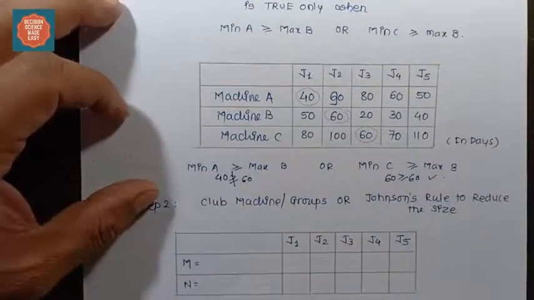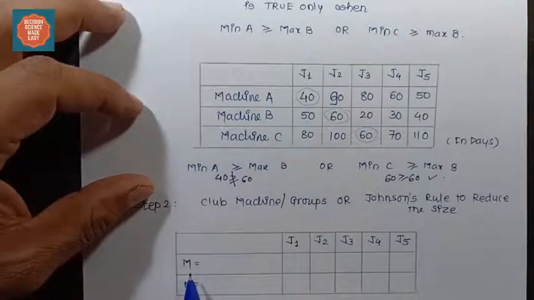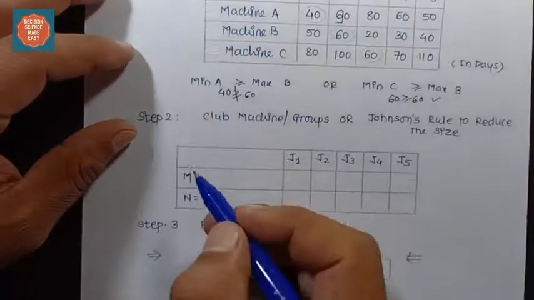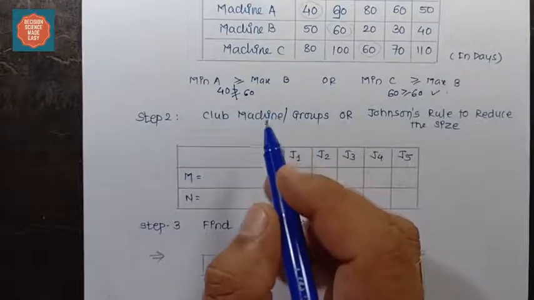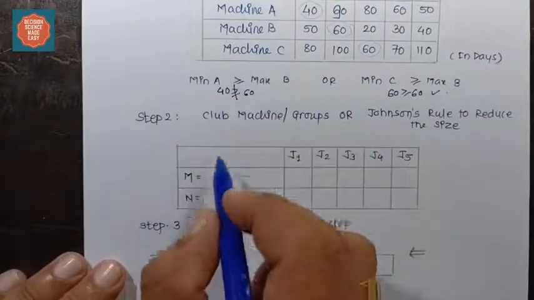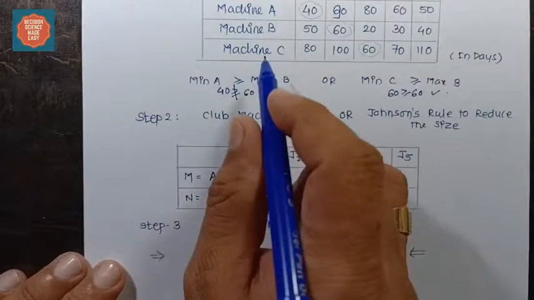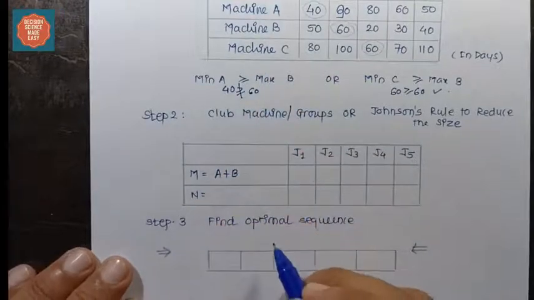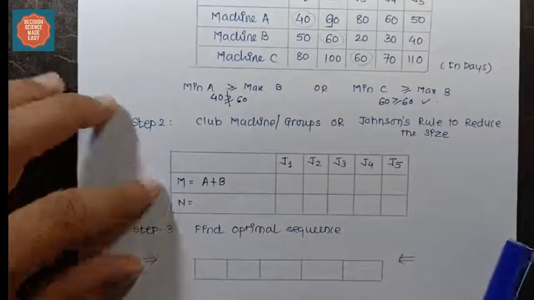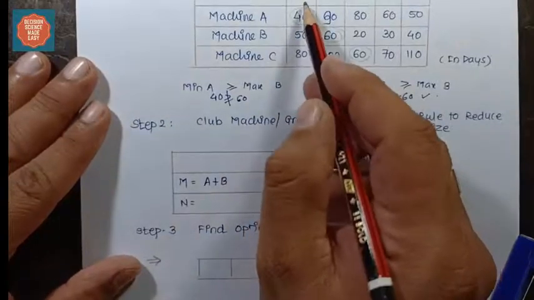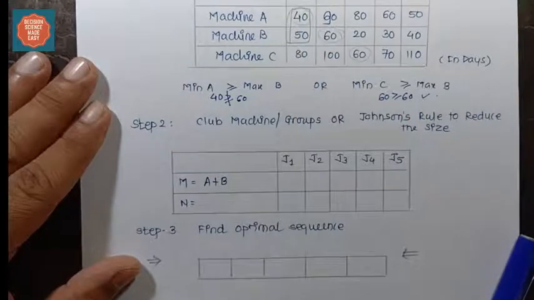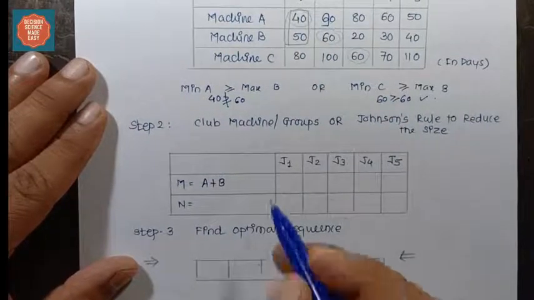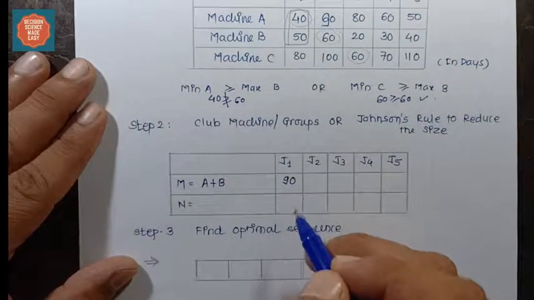It's very simple. We are going to create new machines. Machine M is obtained by adding the machine A values with the machine B values. Let me show you how. J1 becomes 40 plus 50, so J1 is 90.